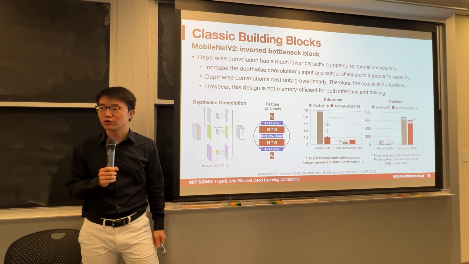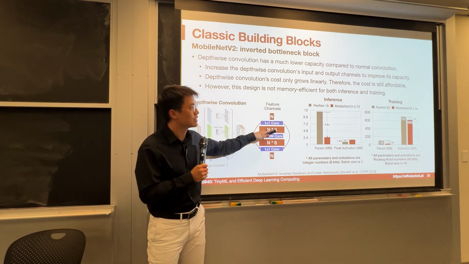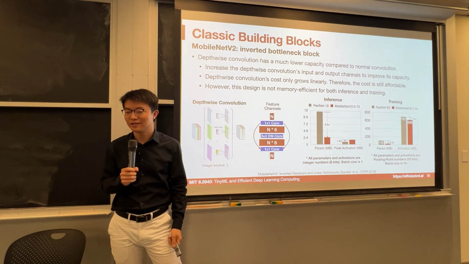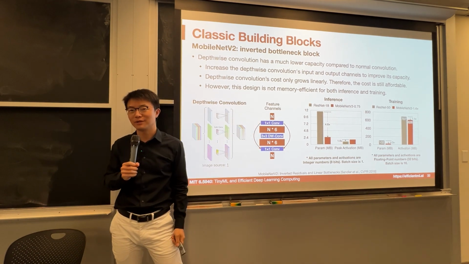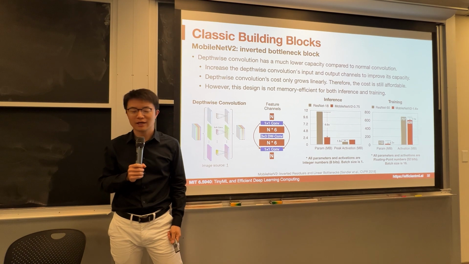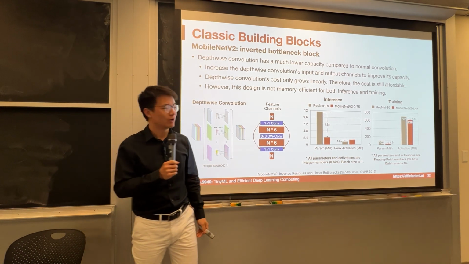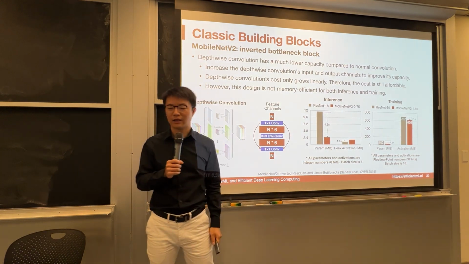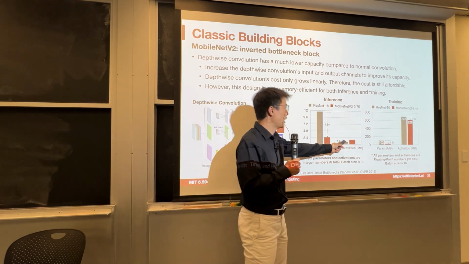The compute is also proportional, right? So they're okay, but the thing is the activation. For the peak activation, you don't care about the smaller channel, but you care about the biggest one, which is the bottleneck. So here you enlarged the activation, and therefore you have to maintain a larger buffer if you want to put all these channels in the on-chip SRAM. So this is something we have to solve.